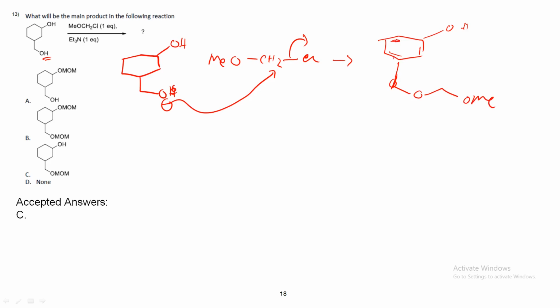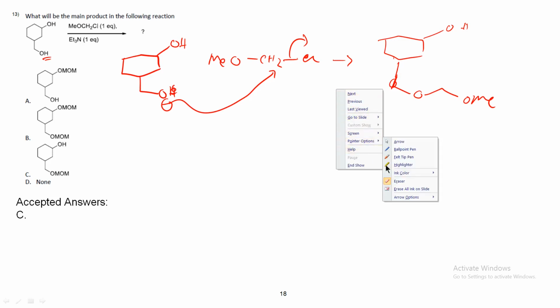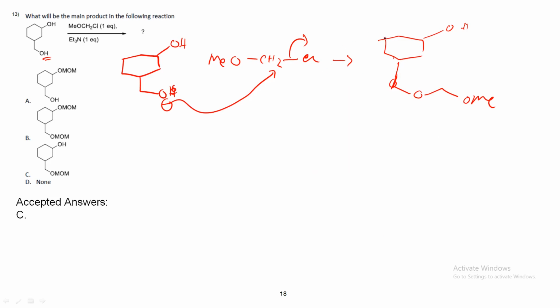Oh, sorry, no, clean this. No unsaturation is there. So this should be our product. If we compare, it would be C. This is what we are finding, and we can selectively protect the primary alcohol over the secondary.